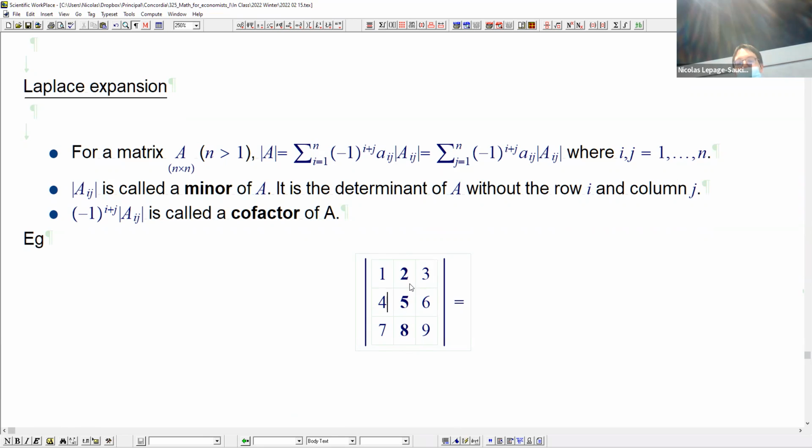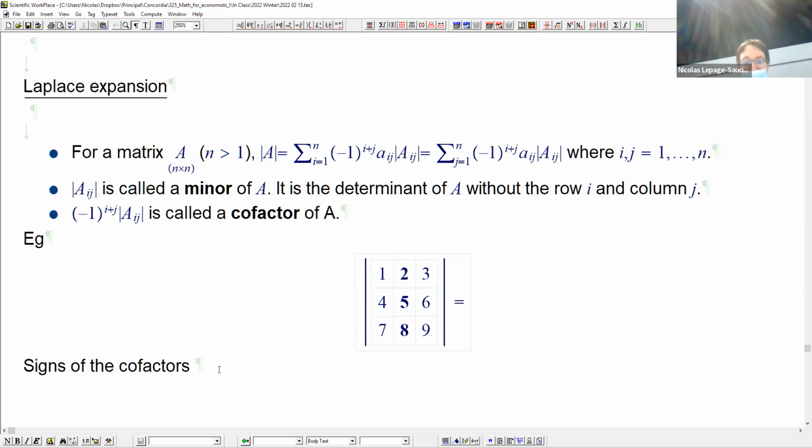I compute first of all the sign. The sign is always the same: plus, minus, plus, minus. By sign I mean whether I must pre-multiply by -1 or not.